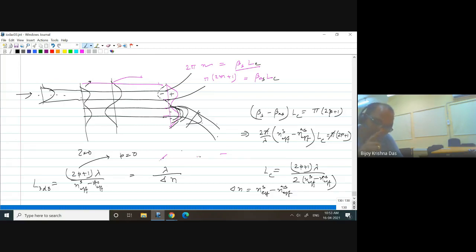So L3 dB will be this value. Once we know beta s and beta as, I can find out delta n, then I can find out lambda by delta n, and once we know these values, then I can find what is the coupling length. So this is a different approach.